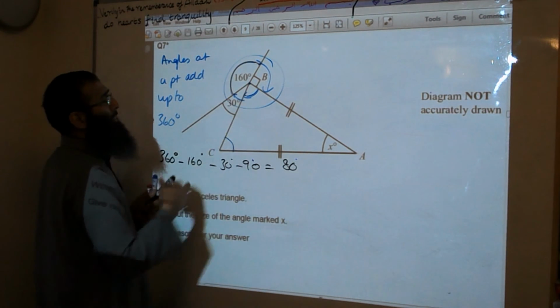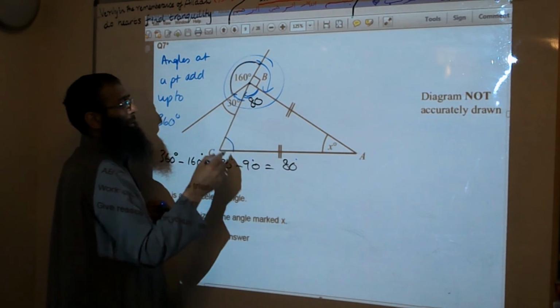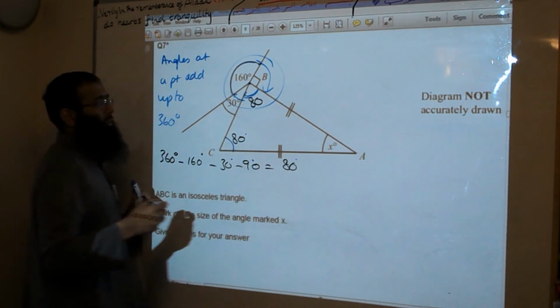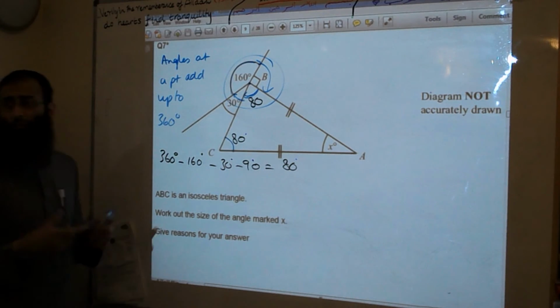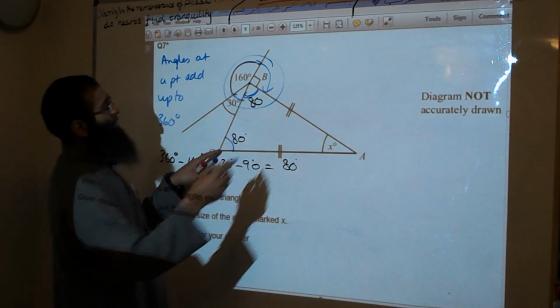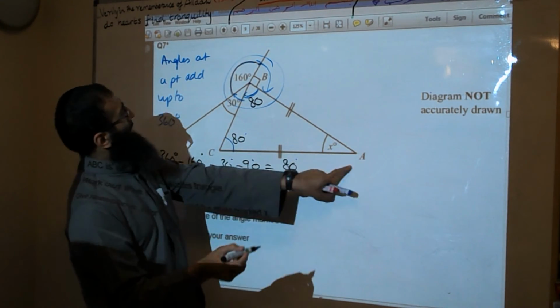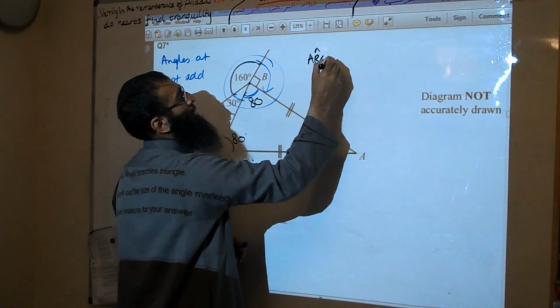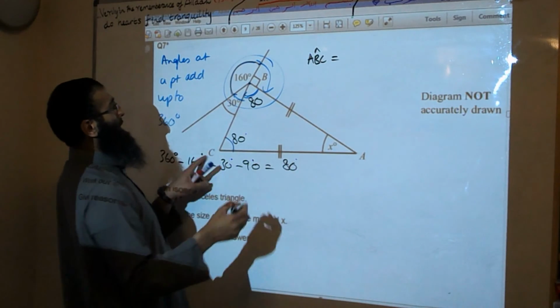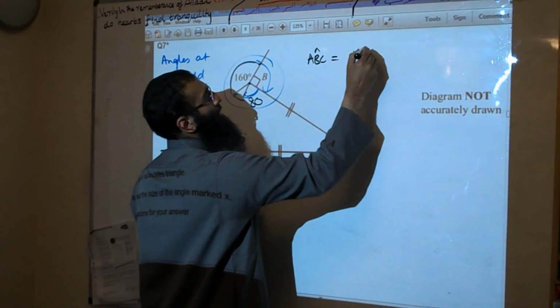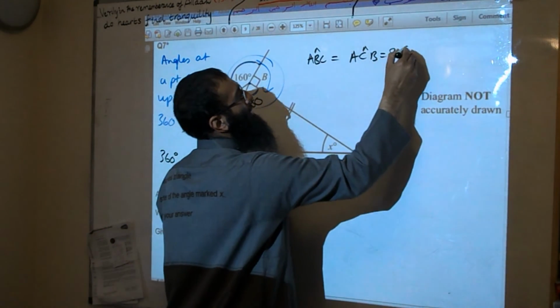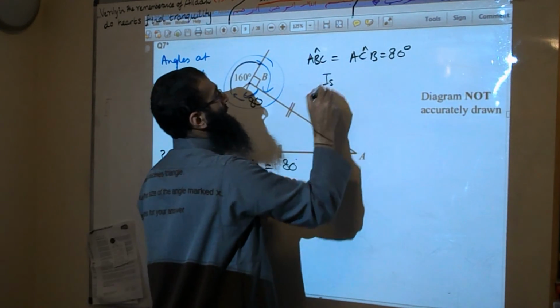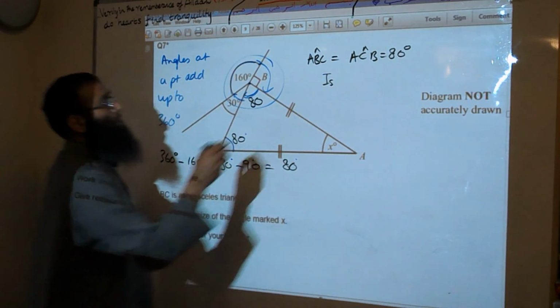Now if this angle is 80, that means this angle is also 80. How do we define that? So we can say here I'm going to use that it's isosceles. Angle ABC is equal to angle ACB, which is equal to 80 degrees because of the isosceles triangle.